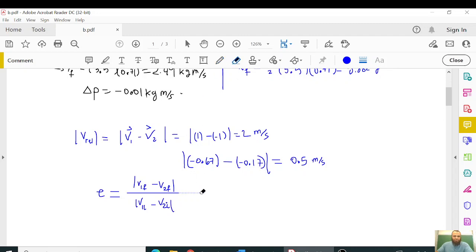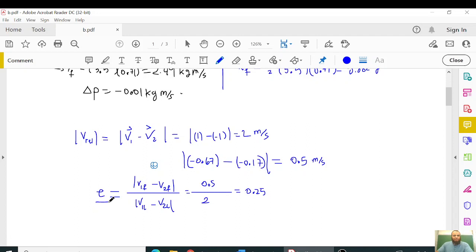The line is too long here. So we get, let's see what we get. After collision, their relative velocity was 0.5. Before collision, their relative velocity was 2. So we get 0.25, and that is the coefficient of restitution.